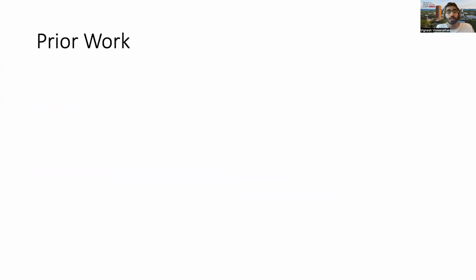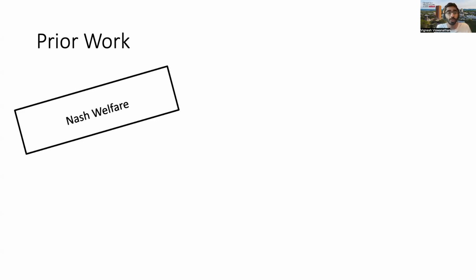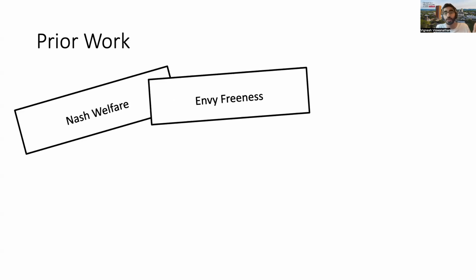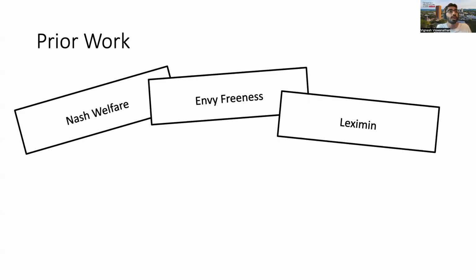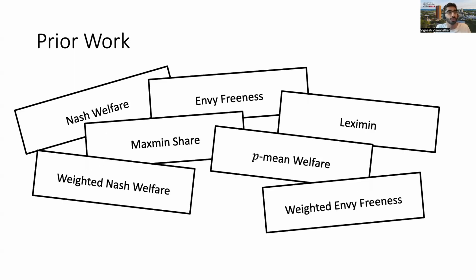Now, the main thing that differs our work from prior work is the way our main algorithm works. Prior work usually focuses on one specific fairness objective or fairness metric. Of course, there are so many in the literature. For example, there are incredible pieces of work that look at maximizing Nash welfare. Similarly, on ensuring envy-freeness, or EFX, or EF1, and similarly leximin, and the list goes on, right?